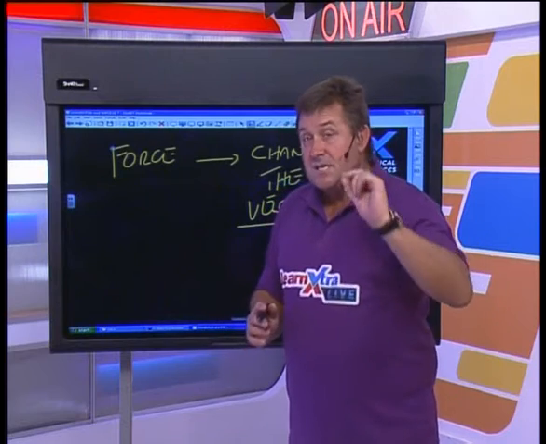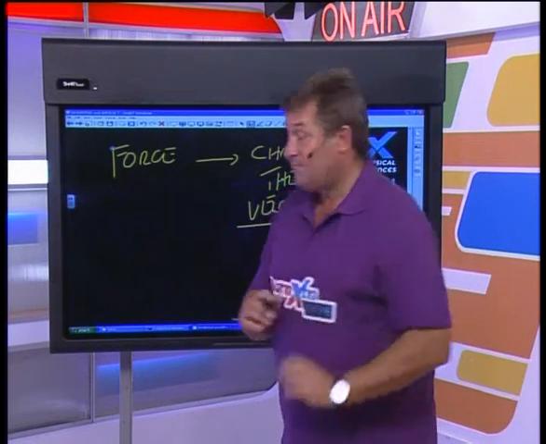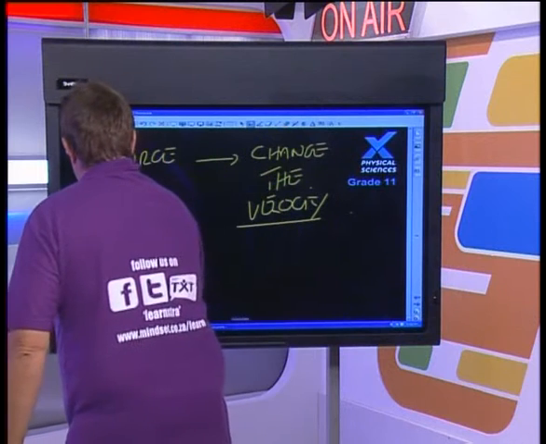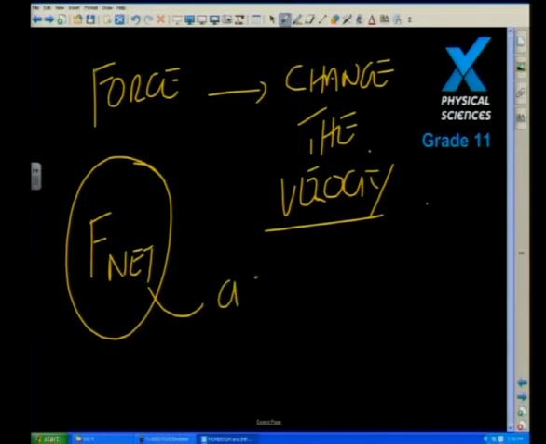And from Newton's second law, what do we call that force that changes the velocity? Well, it's going to be called the net force, and the net force produces acceleration, and acceleration produces a change in velocity.